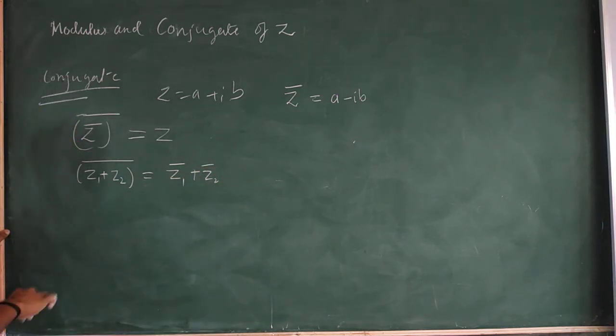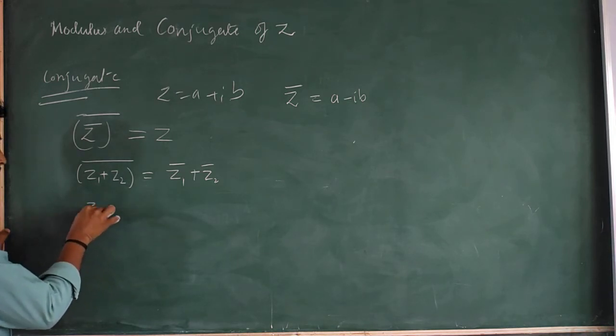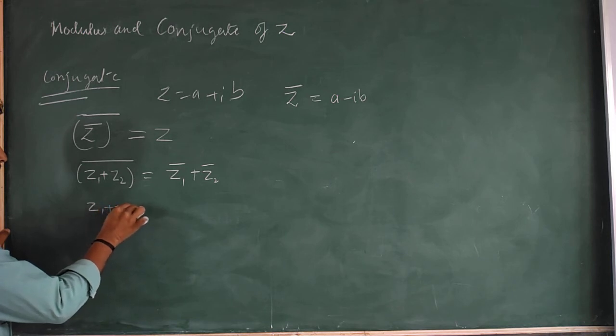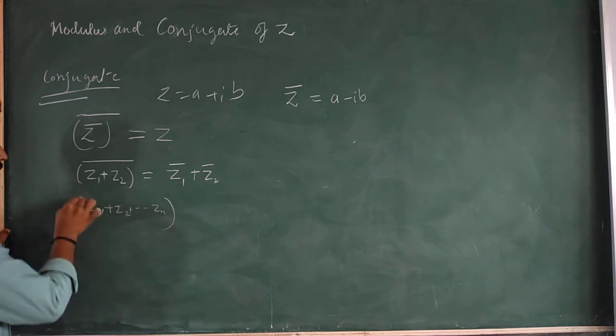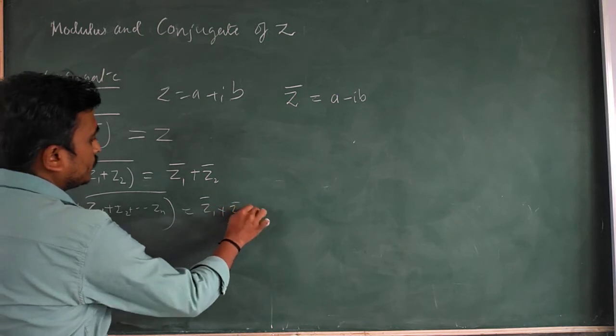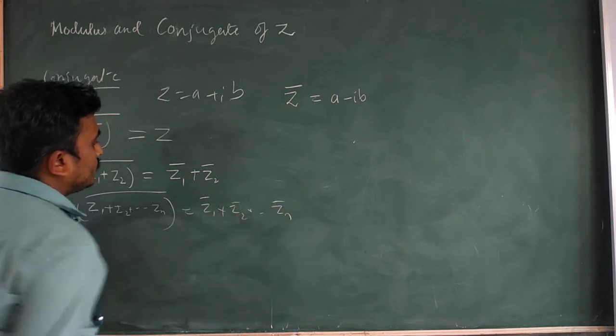For n numbers, z1 plus z2 and so on to zn whole bar equals z1 bar plus z2 bar and so on to zn bar.